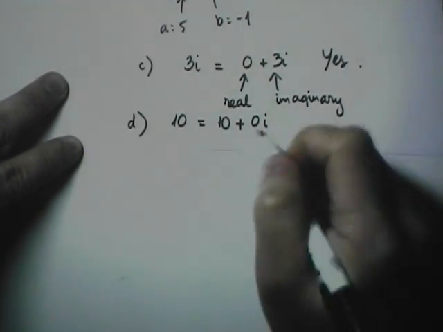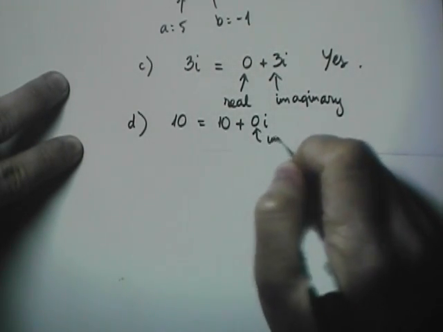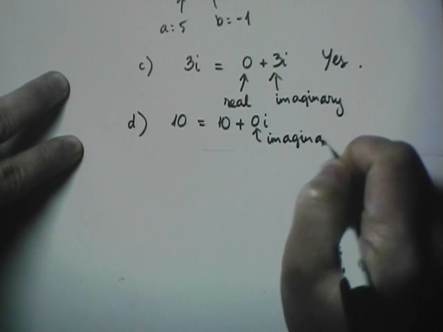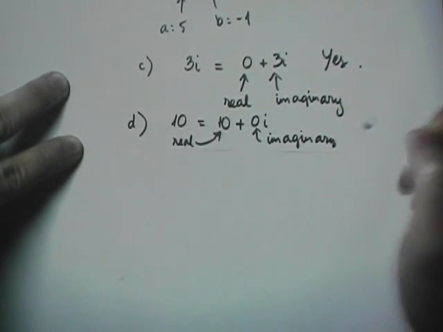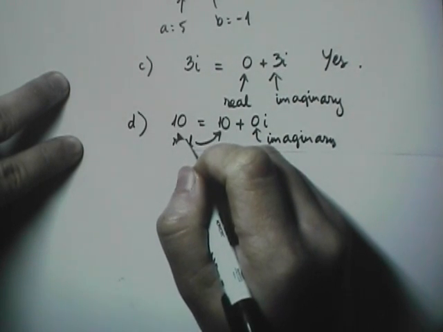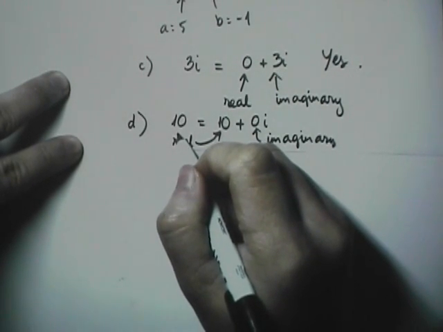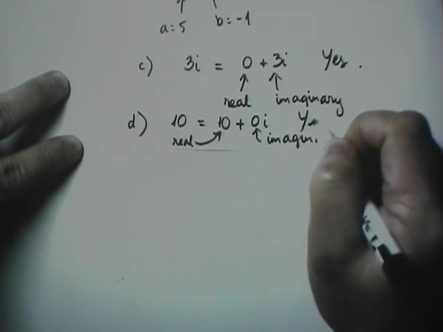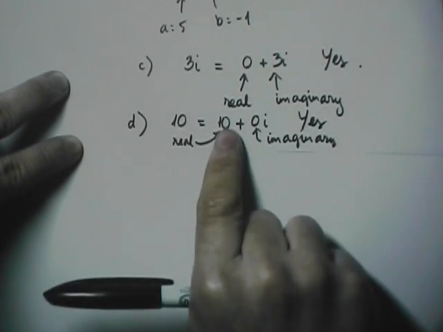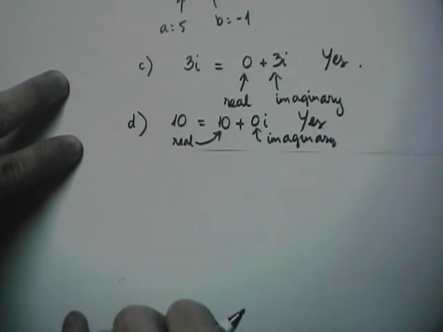Now the 0 right here is my imaginary component, and of course 10 is the real component. So yes, even though it doesn't look like a complex number, you can always regard it as one. So 10 is also a complex number. It's pretty much any number now a complex number.